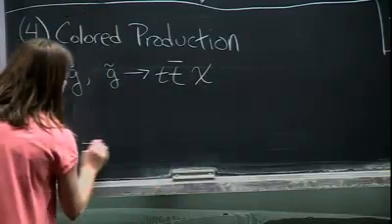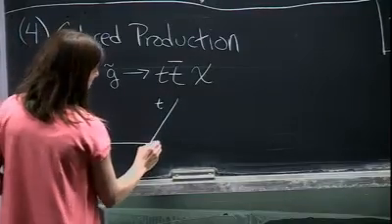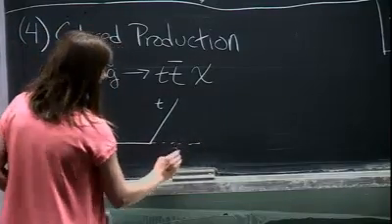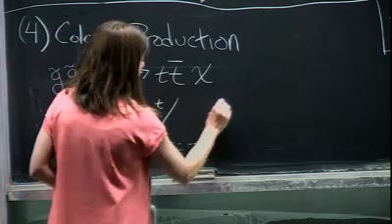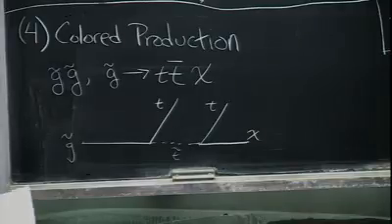The gluino comes in, gives us a top quark, we get a stop, we get another top quark, and then we get our dark matter at the bottom of the chain. Okay?